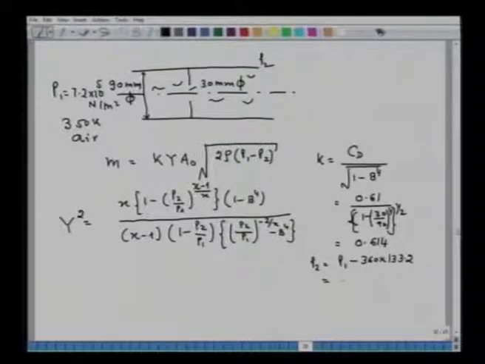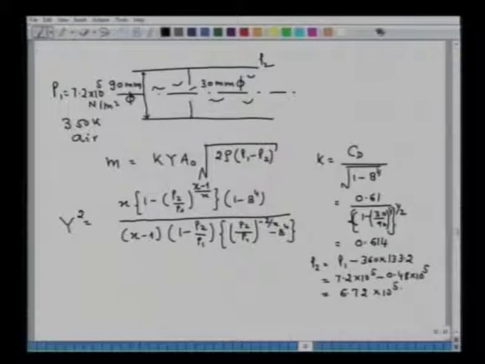So, that is equal to 7.2 into 10 to the power 5 minus 0.48 into 10 to the power 5. So, P2 is equal to 6.72 into 10 to the power 5 Newton per meter square.